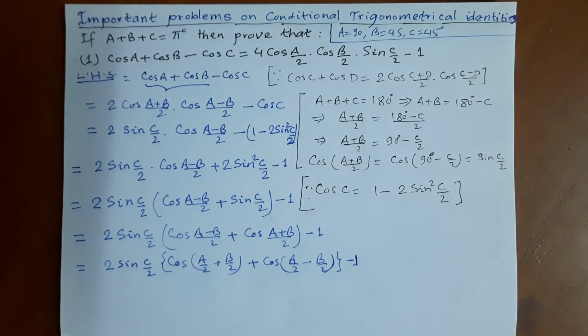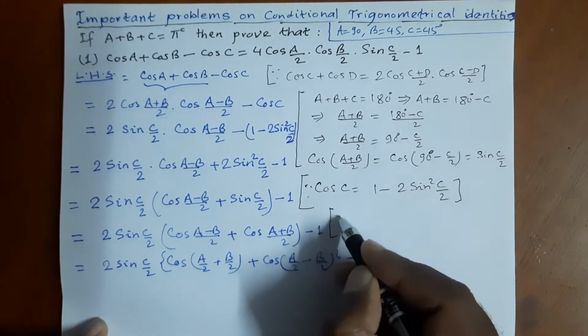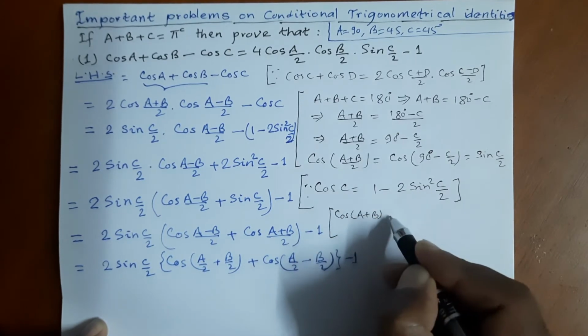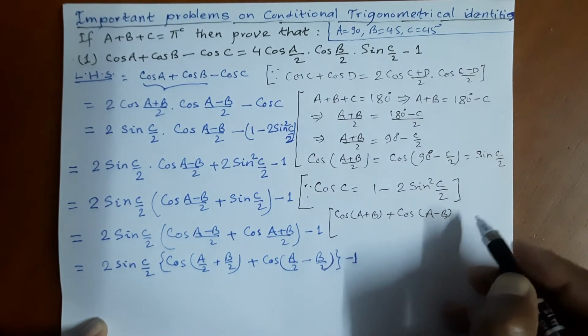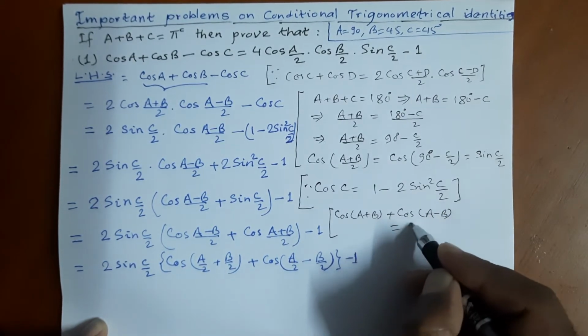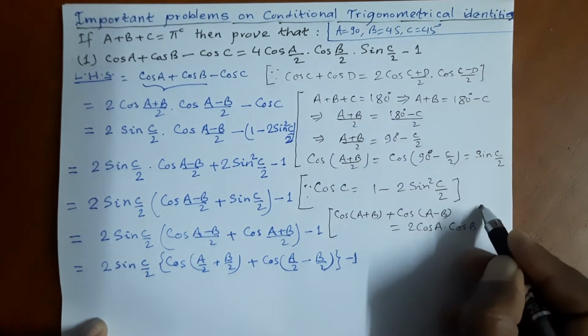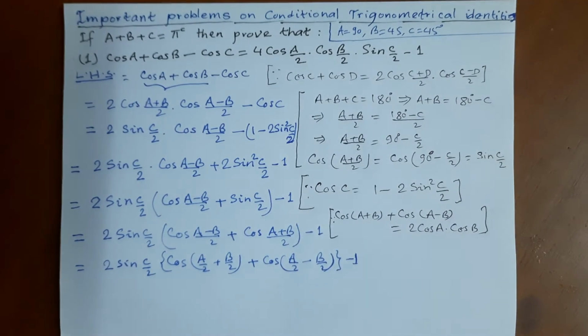And we have one formula: cos (a plus b) plus cos (a minus b) is 2 cos a cos b. We have this formula of cos (a plus b) plus cos (a minus b).